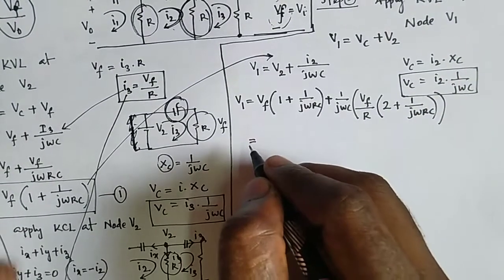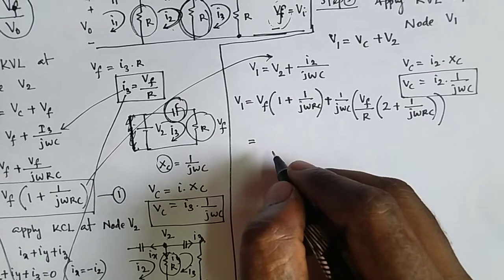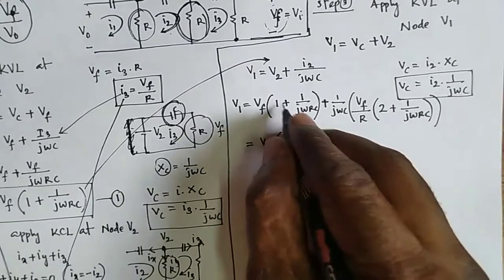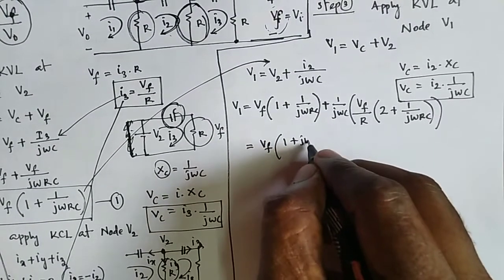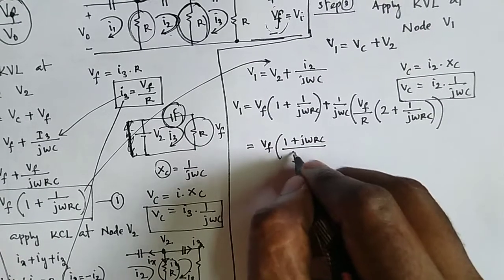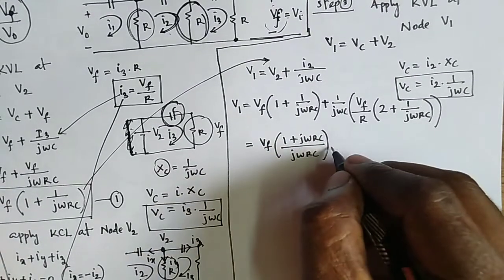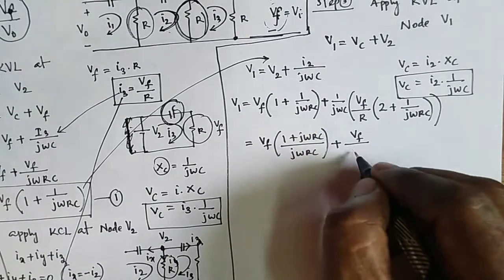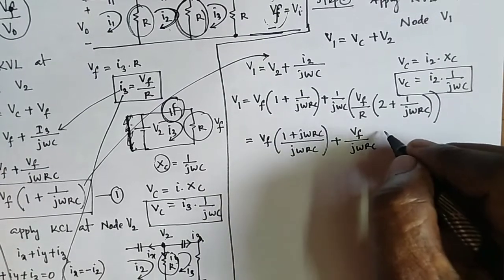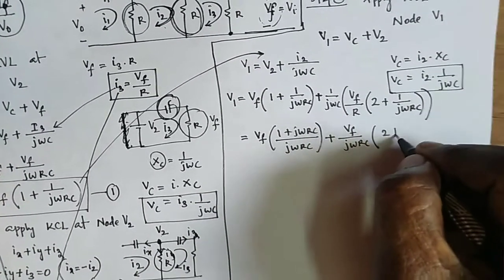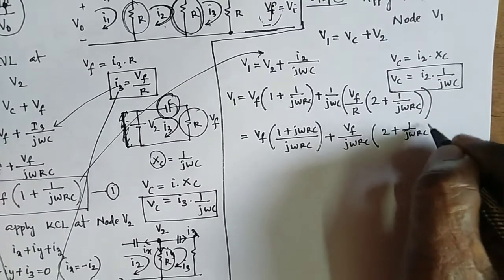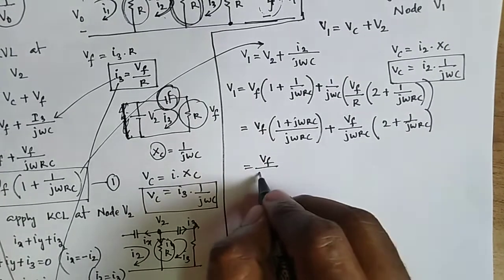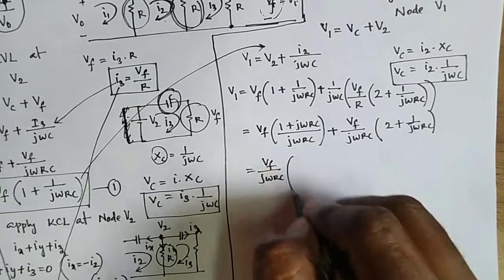That is the function. From this expression, the value is Vf by j omega RC, then plus, next, Vf by j omega RC into 2 plus 1 by j omega RC. Here Vf by j omega RC is common.